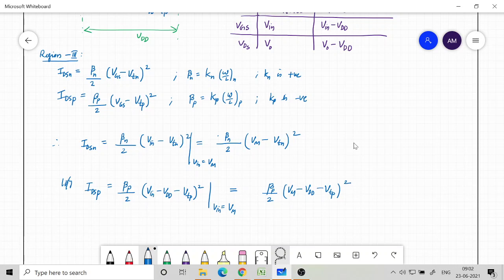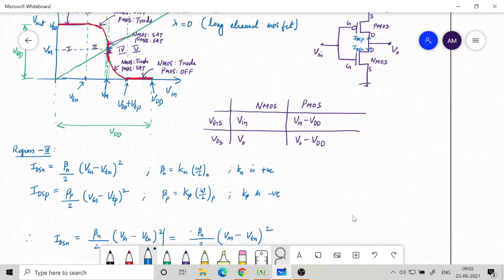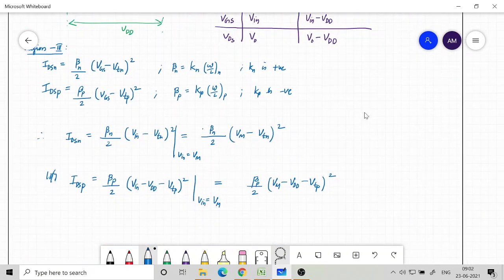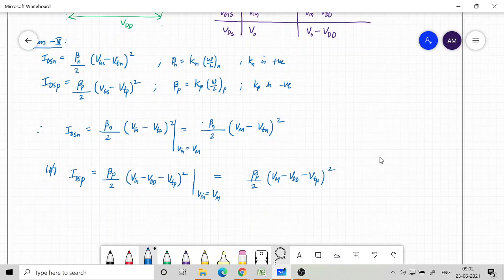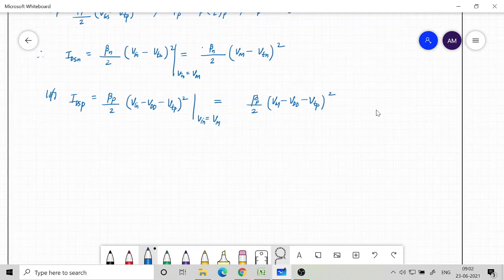All right. So now the relation between these two currents can be written as: IDSN, this is a current flowing down, is equal to minus IDSP.